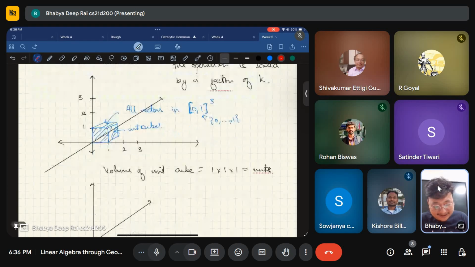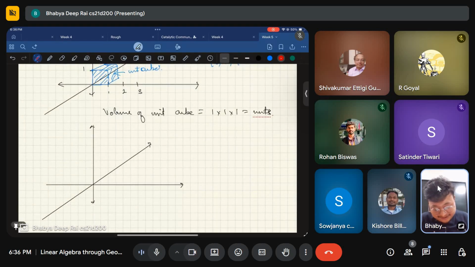It may be arbitrary. It may look like an arbitrary shape. But this is applying the transformation A on the unit cube, the set of vectors of the unit cube.